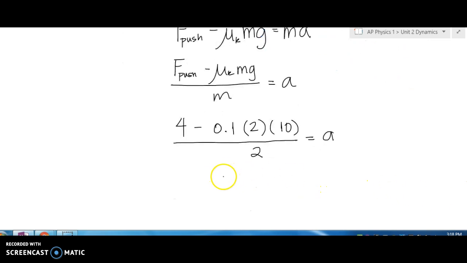And I think that ends up being 1 meter per second squared. I think. Is it 1?